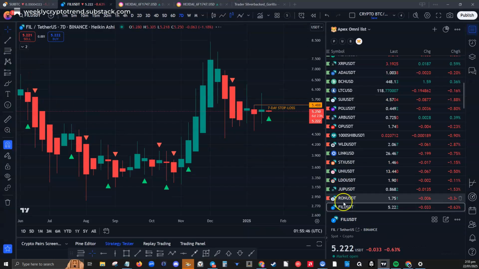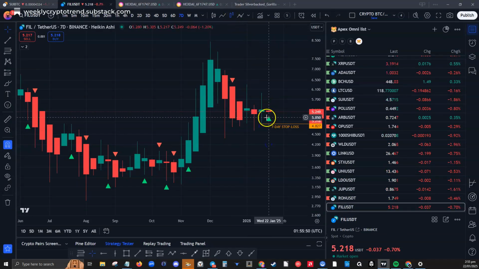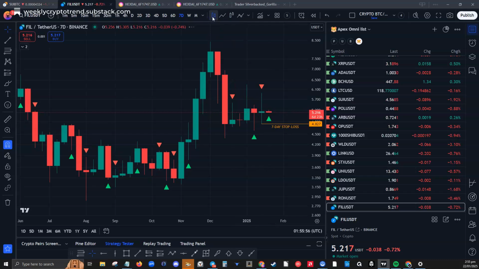Filecoin. Filecoin is a current long, as far as I can tell here, with a long buy signal. How do the current candles look? Doji. Probably actually bullish. I mean, that's bullish, that's neutral, that's neutral. So yeah, these two always cancel each other out.